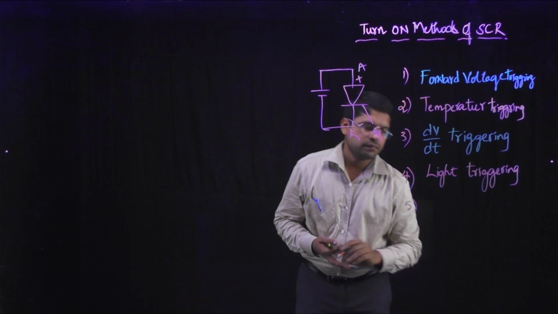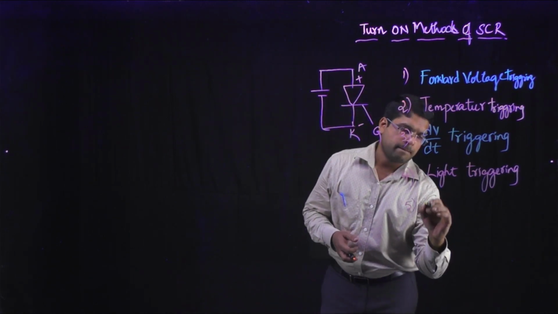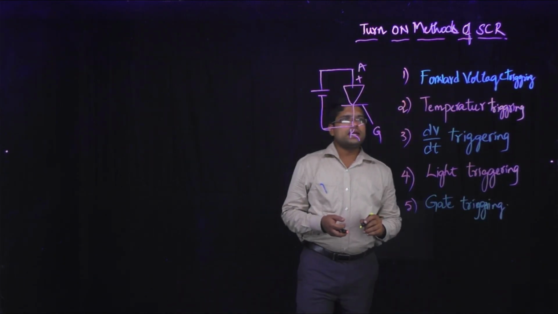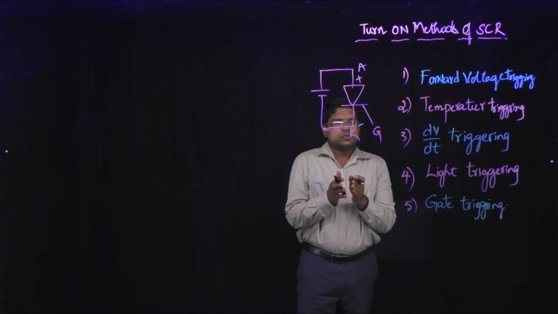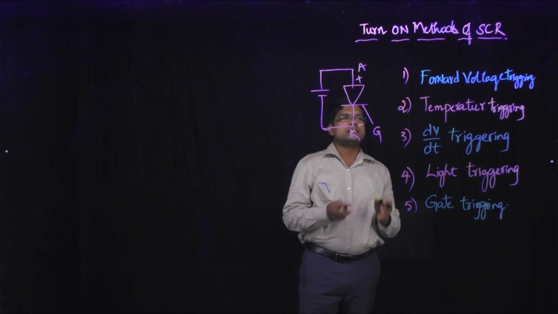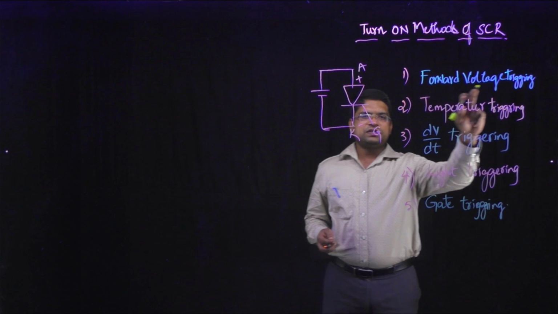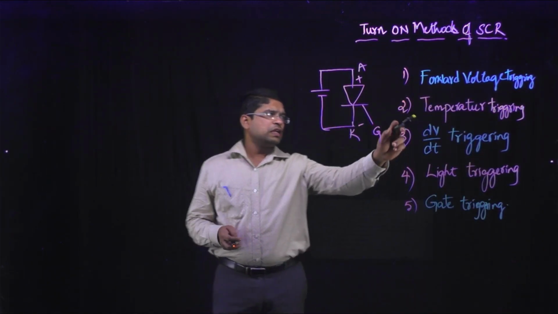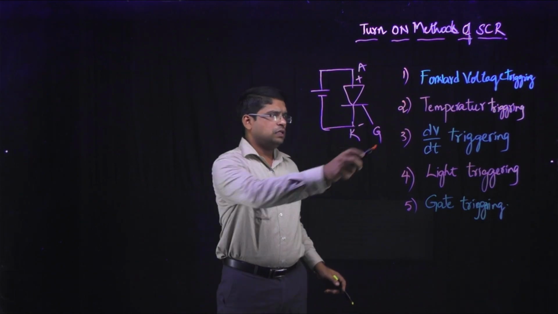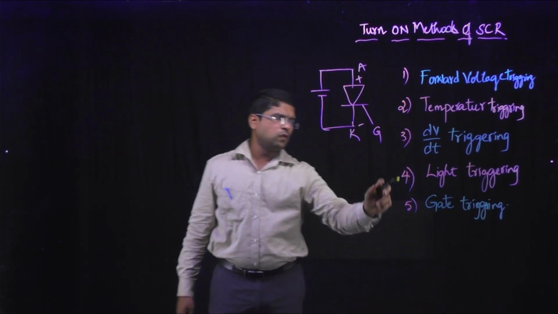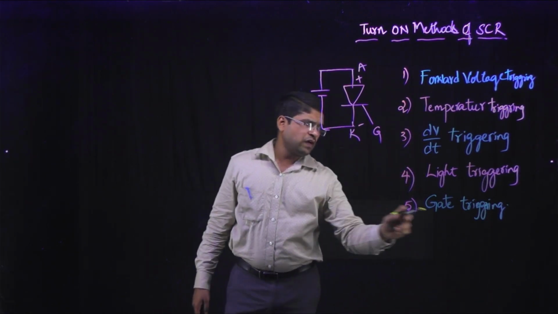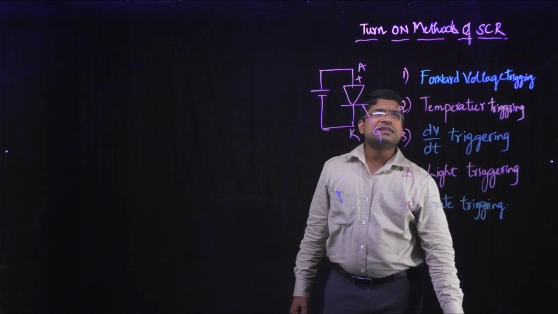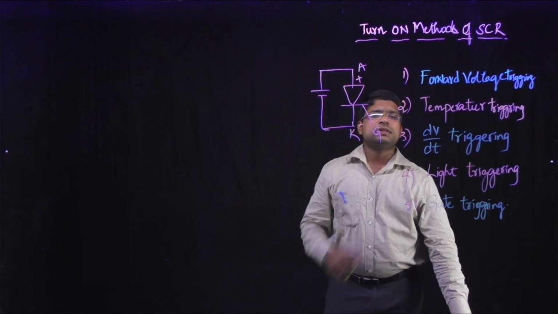Number five, gate triggering. So there are five types of methods to turn on or trigger the SCR. Now let us see all these methods one by one.